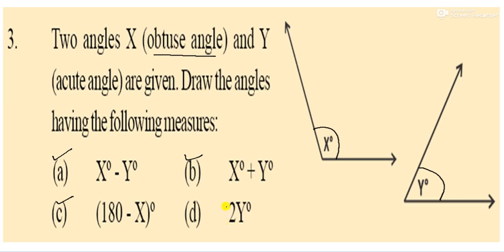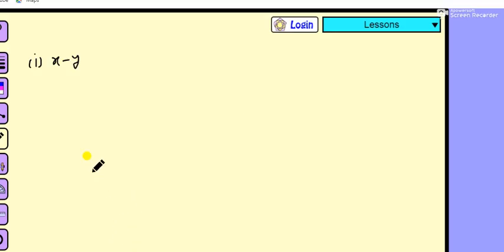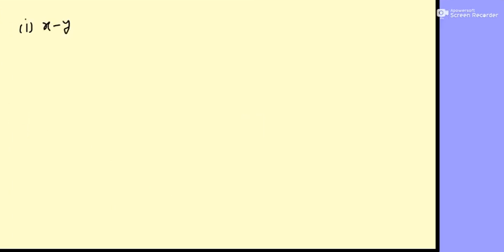So let us see how we can do this type of angles. Yes, first make the x angle and then y. So we want to see this one. First of all make two angles, and the angle is formed with the help of this one.